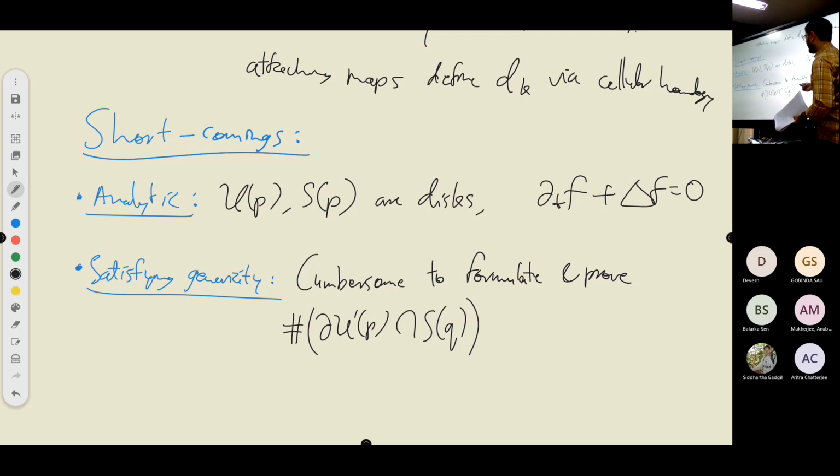So for example, for the torus, you'll see that this is exactly the reason that causes issues with showing that ∂ squared equals 0.